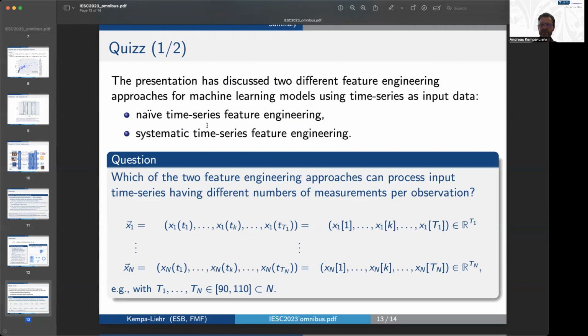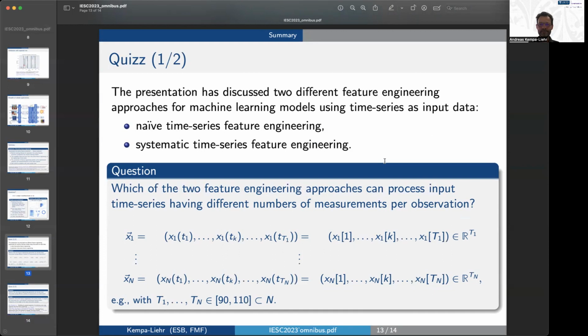So which of these two approaches can be used in these types of situations? Think about it, and press the pause button before you continue to see the answer to this question. The answer is given on the following slide.